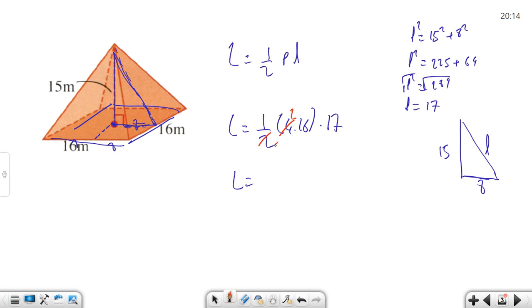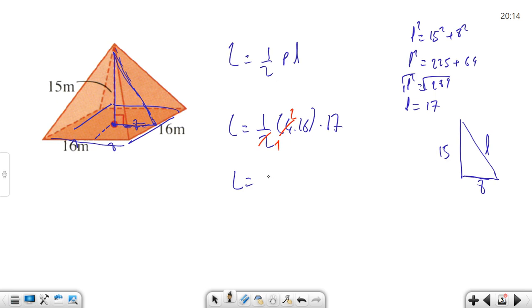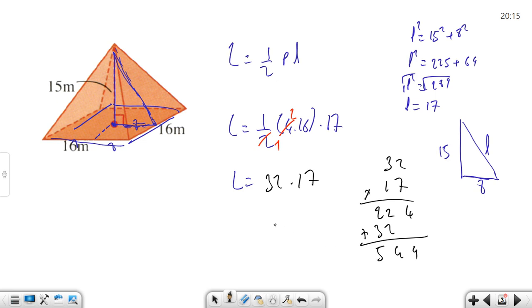I can simplify these 2, and that will be 2, that will be 1. 2 times 16 is 32. 32 multiplied by 17. 7 times 2, 14. 7 times 3, 21, plus 1, 22. Add them, 544. That's the lateral area.